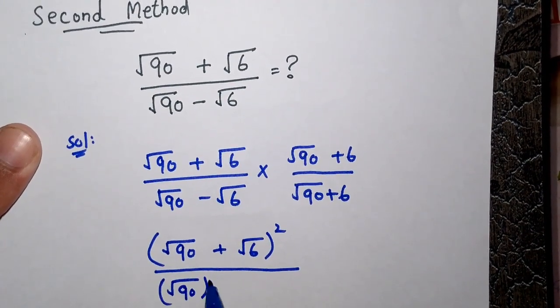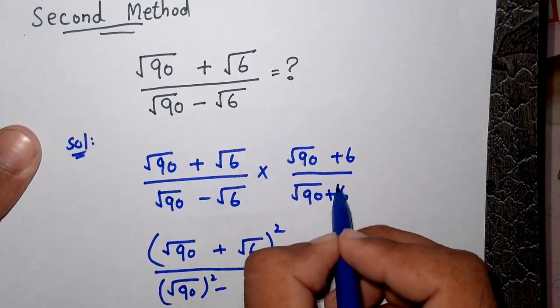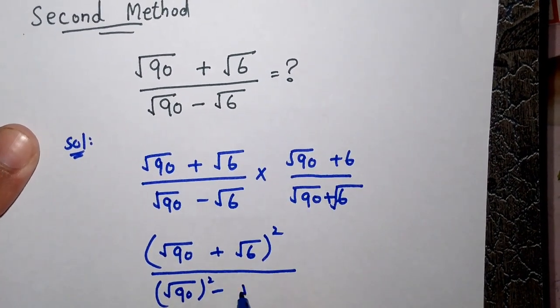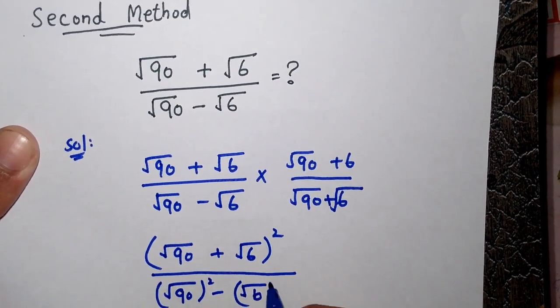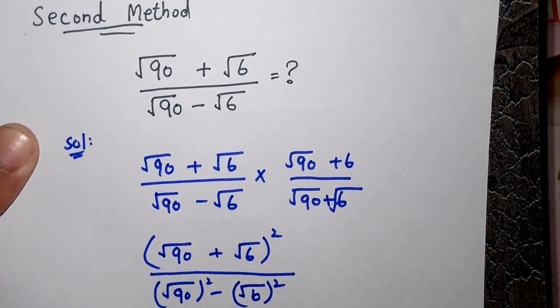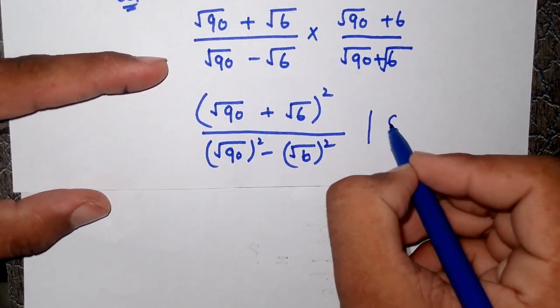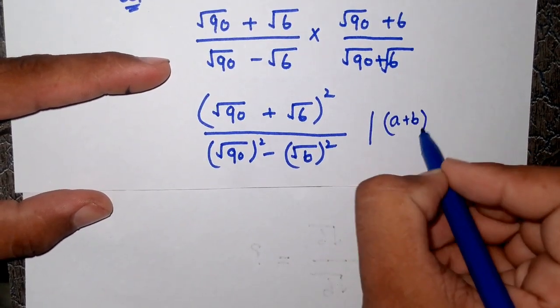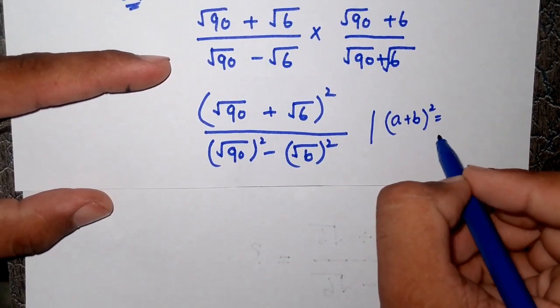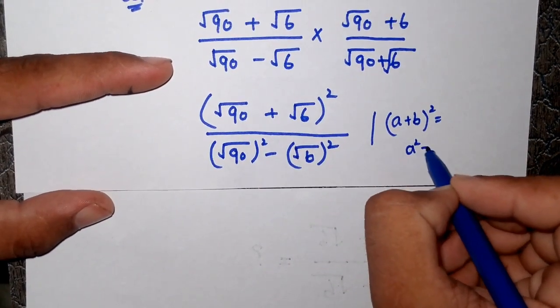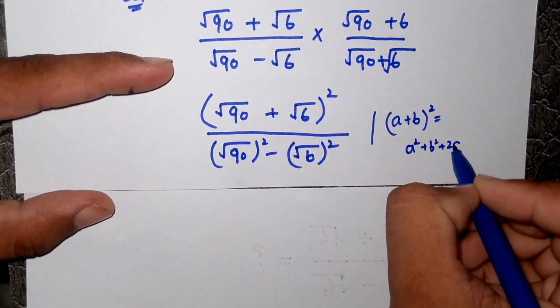square root of 90 square minus square root of 6 square. Now the numerator is in the form of a plus b whole square identity, that is equal to a square plus b square plus 2 times a b.